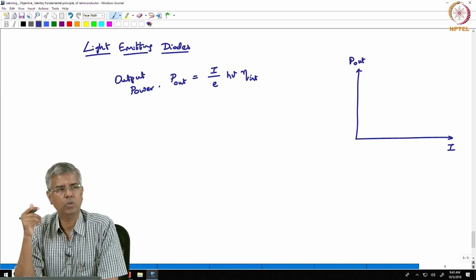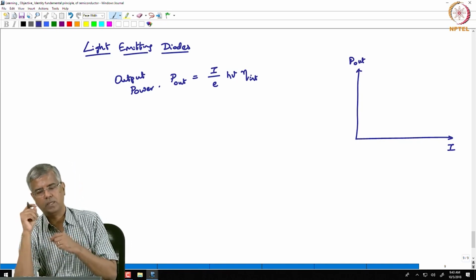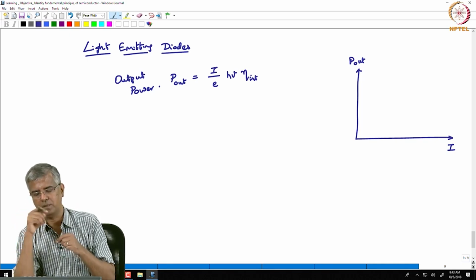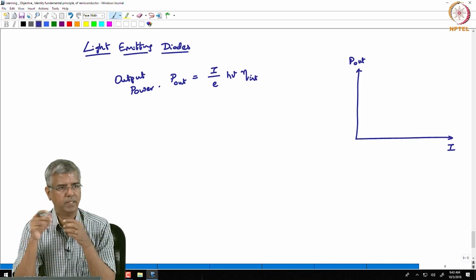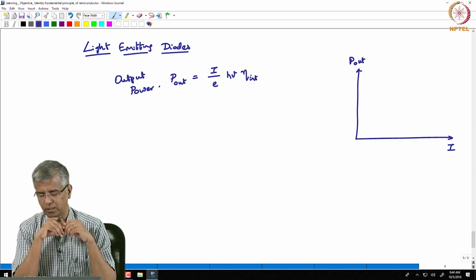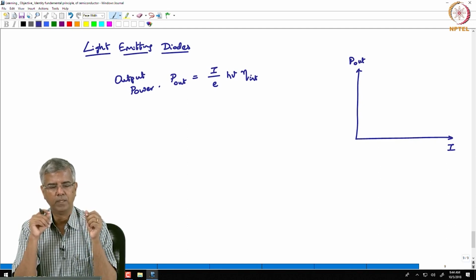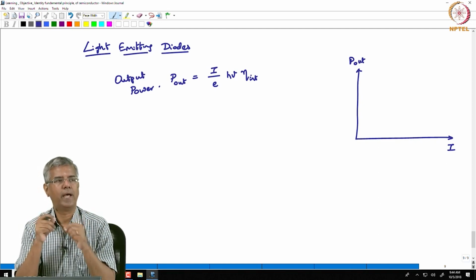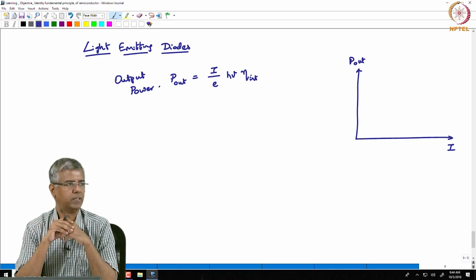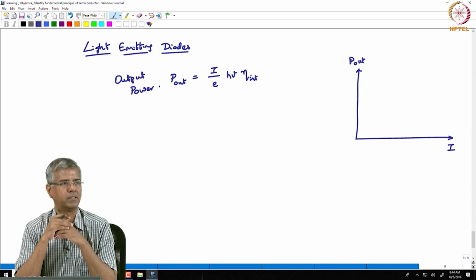Chances are low from the perspective of recombination of electron with a hole and not emitting a photon, but nevertheless you could have these electrons colliding with each other, because the carrier density is very high in this region.